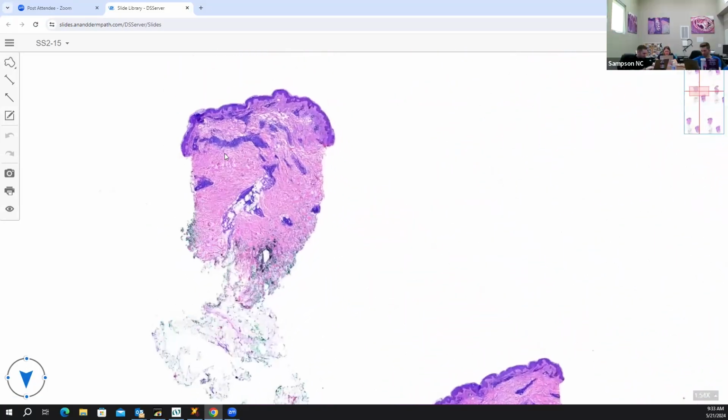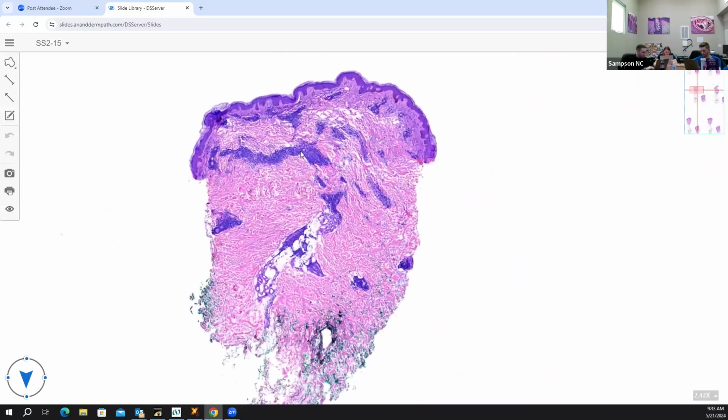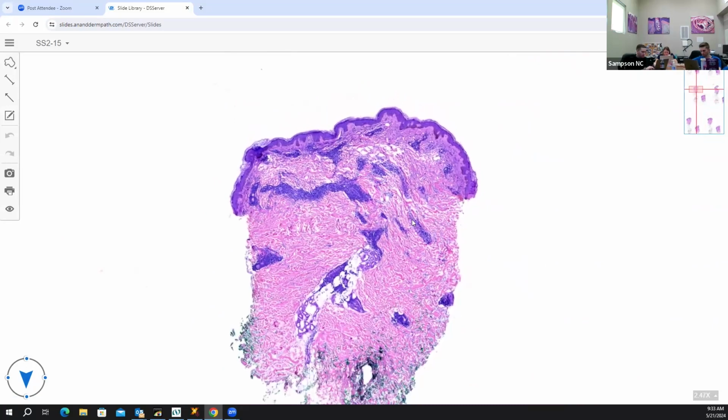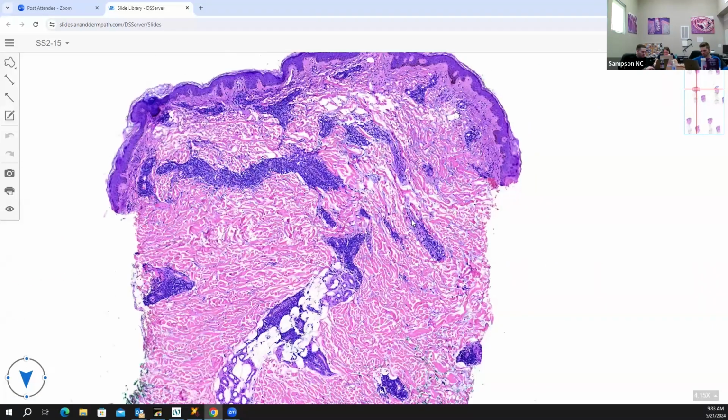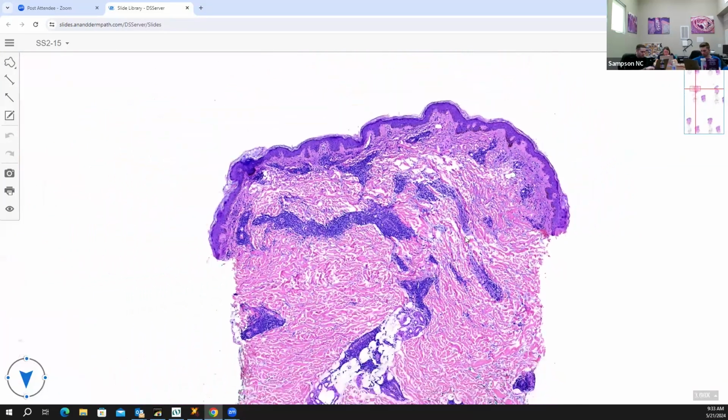All right, so even at this power, we can see that there are large, elongated, potentially perivascular or neurovascular, lymphoid infiltrates. There's a little bit of superficial inflammation, but it does go pretty deep.